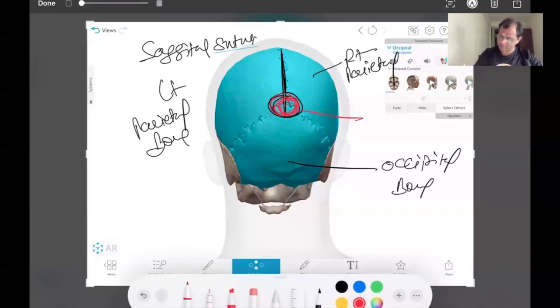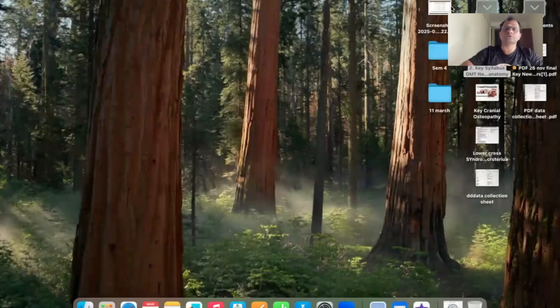The name of this structure is lambda. What is lambda? Lambda is the place where the parietal bone meets the occipital bone. You have seen many people keeping a sikha or choti here. We keep the sikha choti on the lambda because lambda is also soft, like in a small baby or infant. We can see the soft part here. We can see soft part there also. That is lambda. So bregma and lambda.